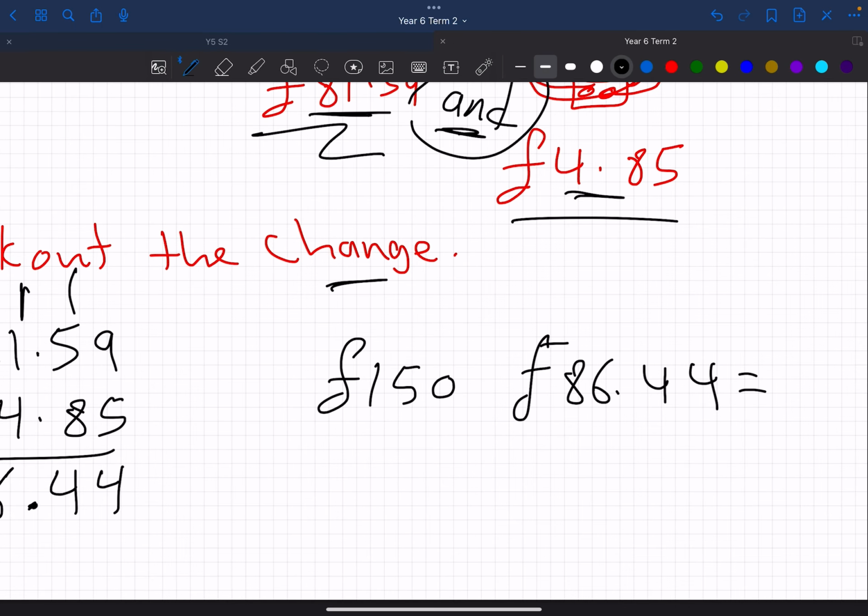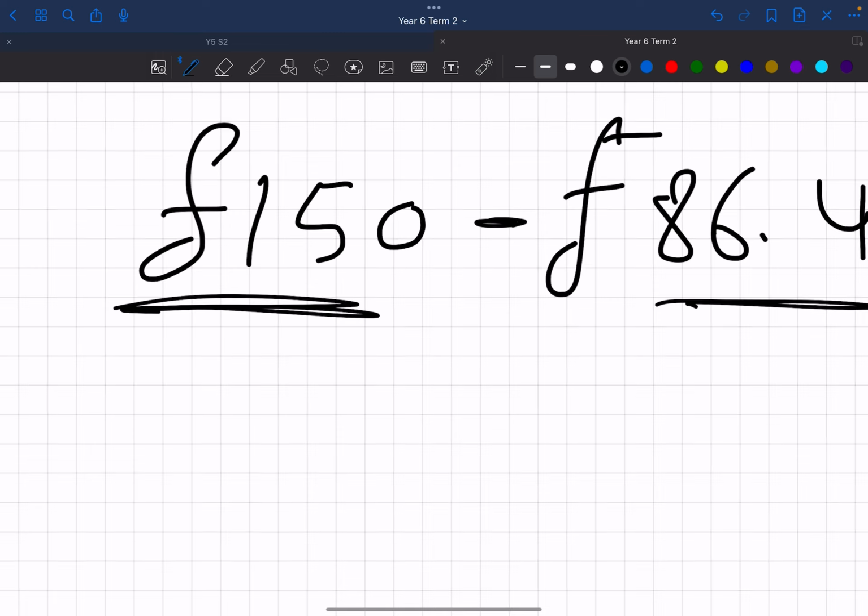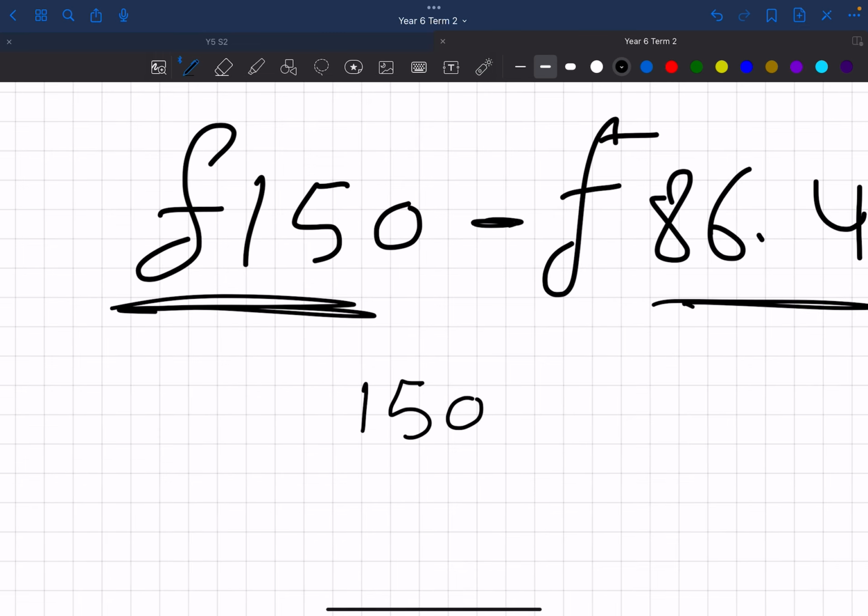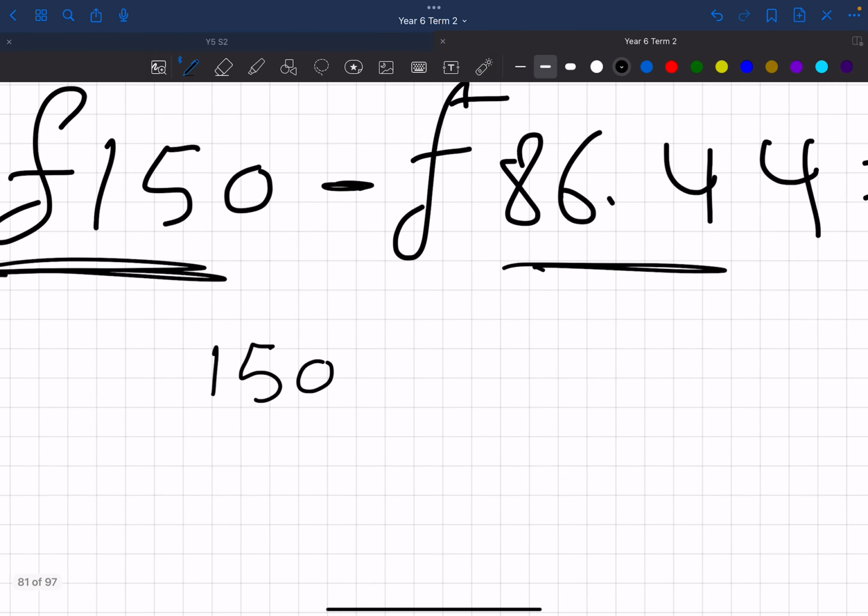This is subtraction, and in subtraction, order matters. So I take the number on the left, put it up, the number on the right, put it down. I don't care about decimal or not decimal. This is subtraction, not multiplication. So 150 up and 86.44 down.